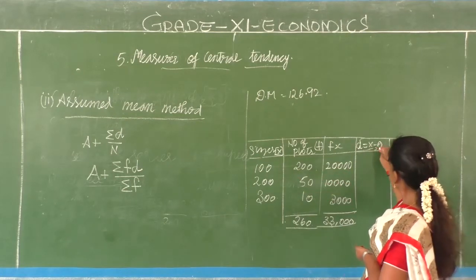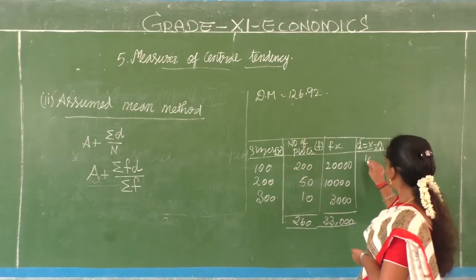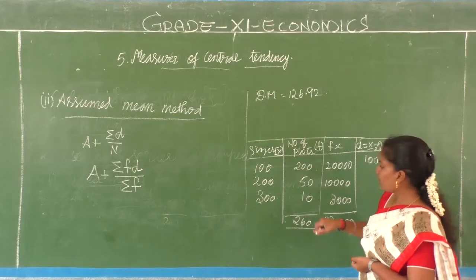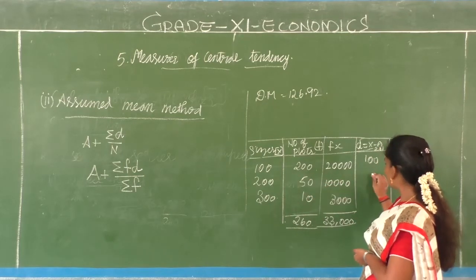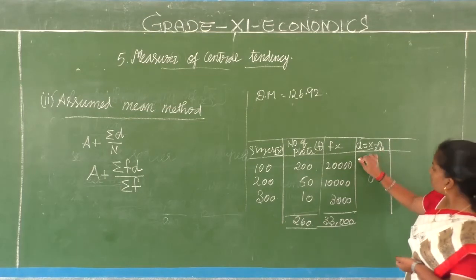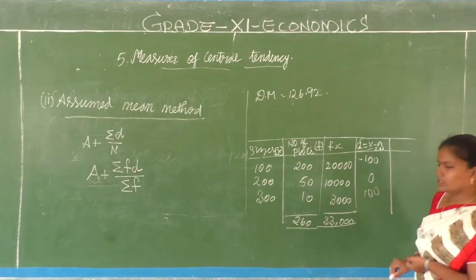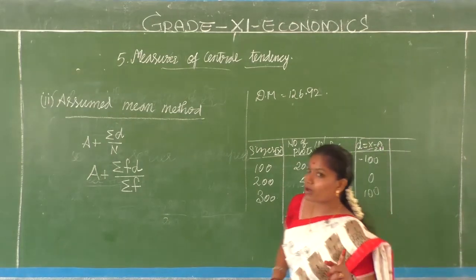What is our a, children? 200. 100 minus 200 is minus 100. 200 minus 200 is 0. 300 minus 200 is 100. What is the one thing that we always have to remember?